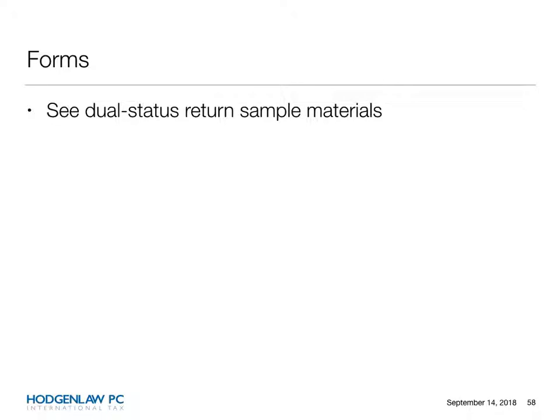Now let's go over the sample materials that you should have received along with this presentation, the dual status return example. Towards the top, you'll notice that "dual status return" is written to signify that the 1040 is the dual status return.